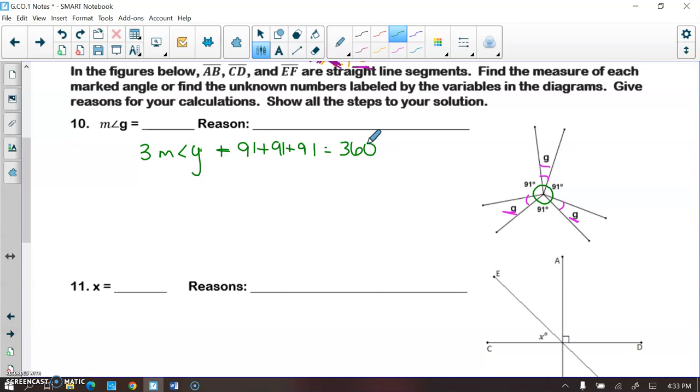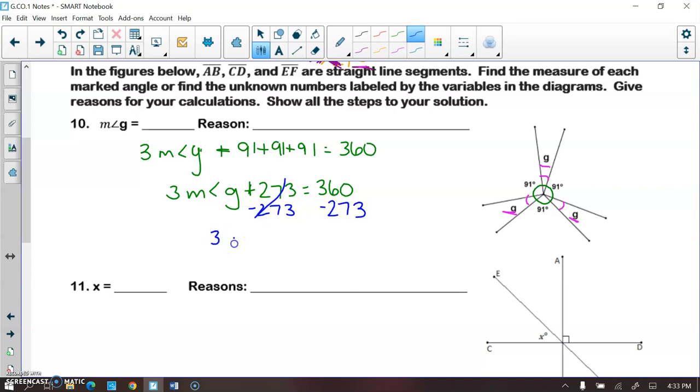Well, 91 plus 91 plus 91 gives us 273. And that equals 360. And then I can subtract the 273 over.